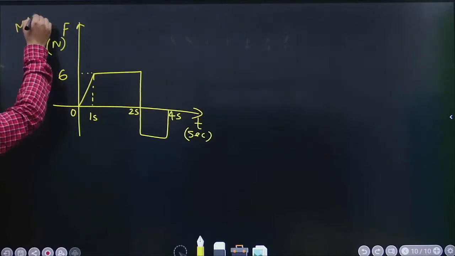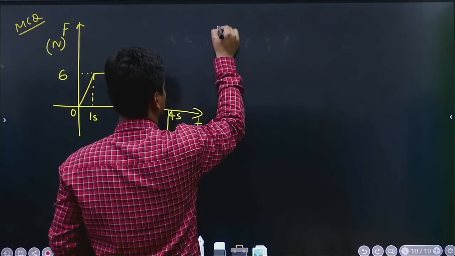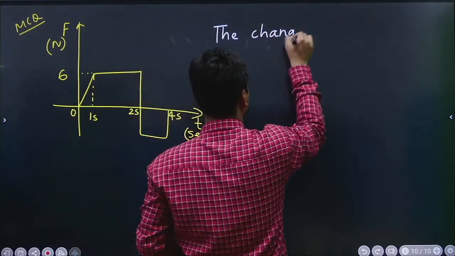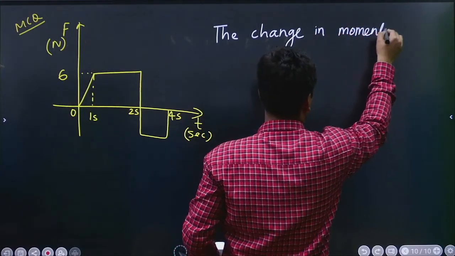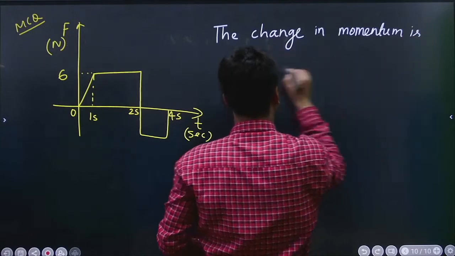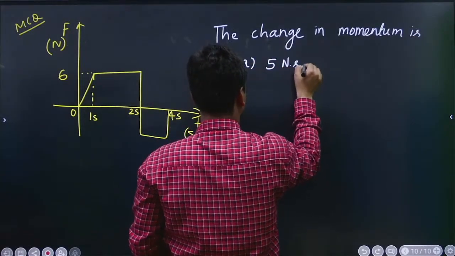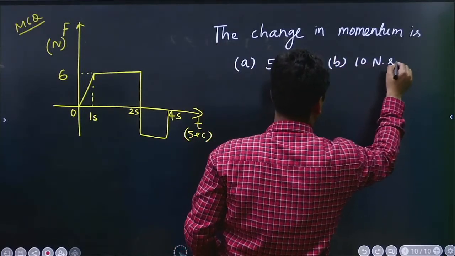Okay. Now here what will they ask? They'll ask for the change in momentum from the graph. The change in momentum is how much? Option A, 5 Newton into second. Option B, 10 Newton into second.